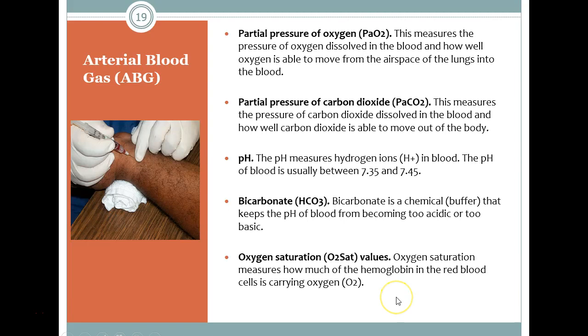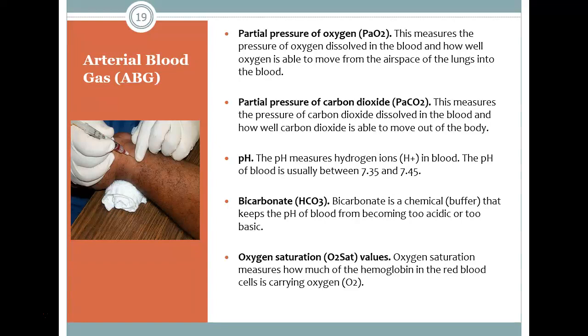Next, we're going to look at the arterial blood gas values, or the ABGs. First, the partial pressure of oxygen. It measures the amount of oxygen dissolved in the blood, as well as how well oxygen is able to move from the lungs into the blood.